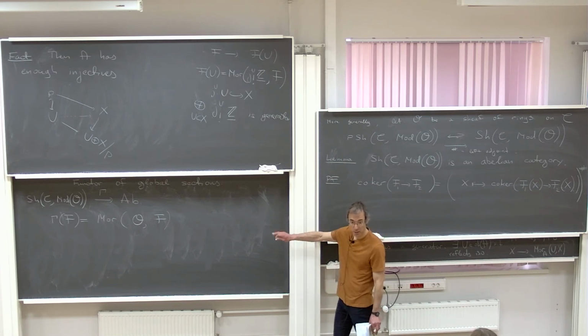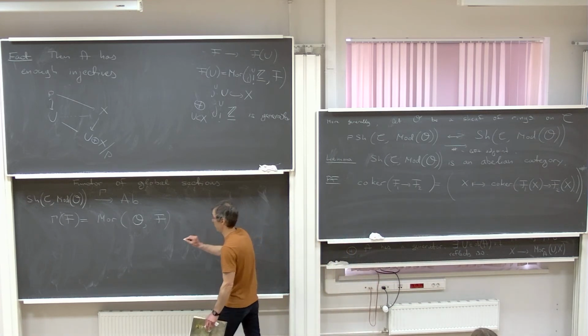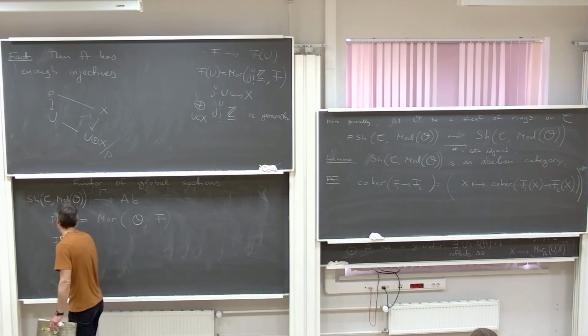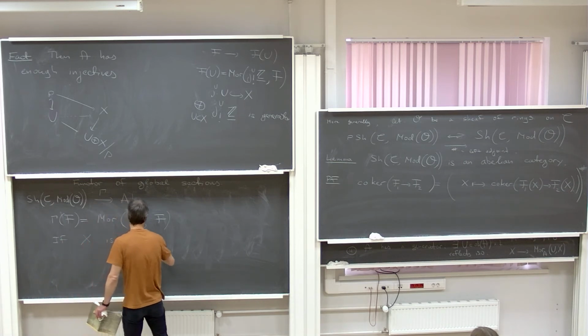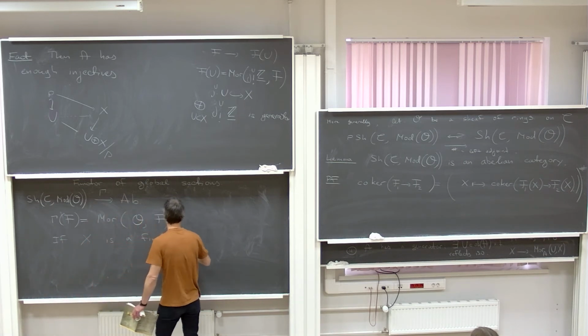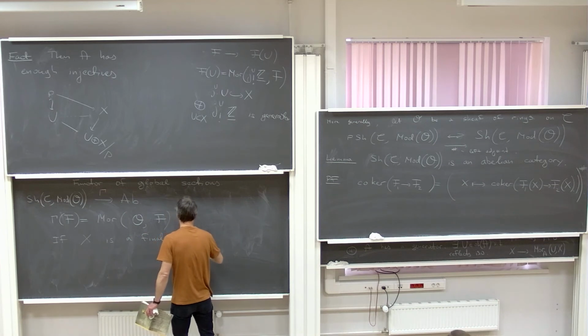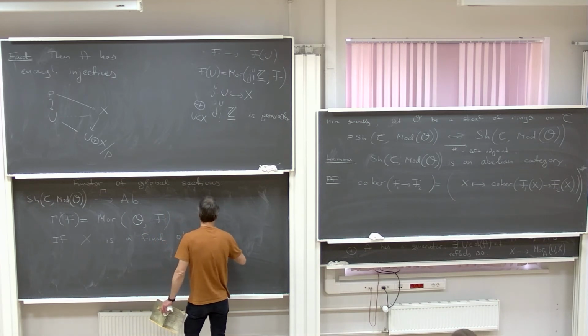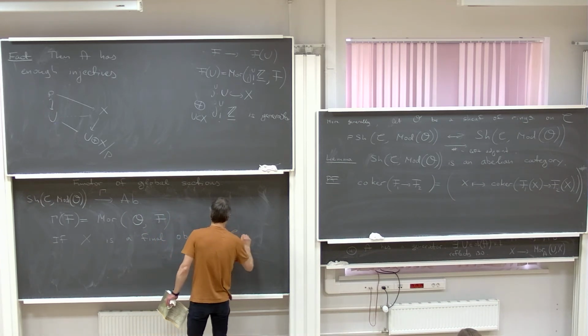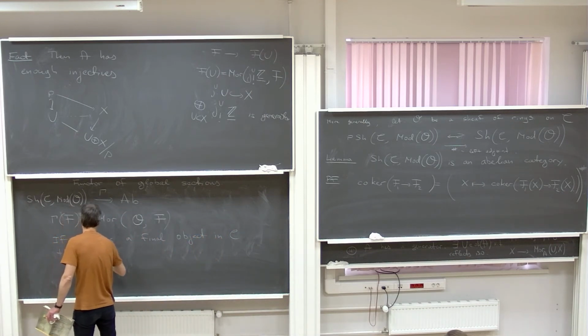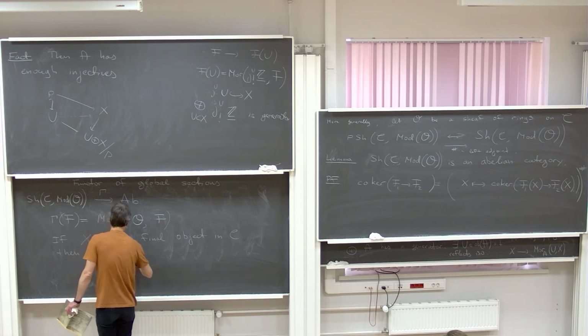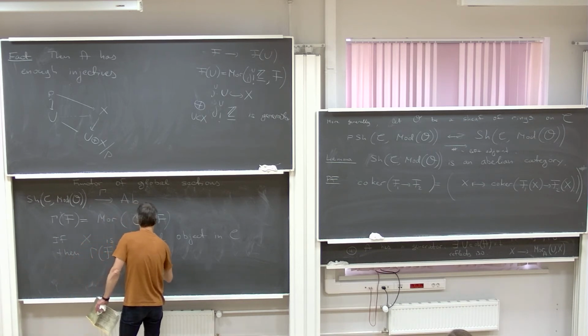So a remark is that if X is a final object in C, then global sections of F is just F of X.